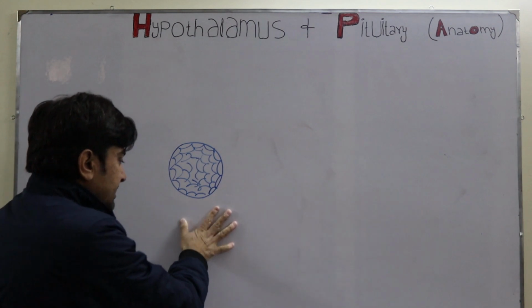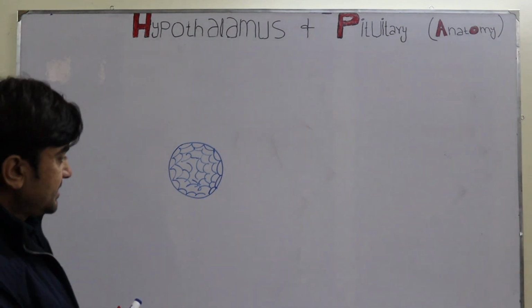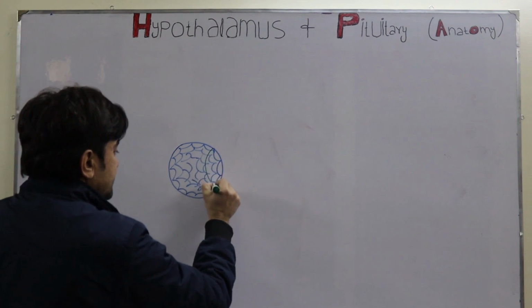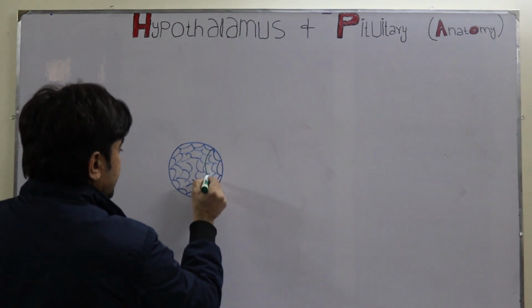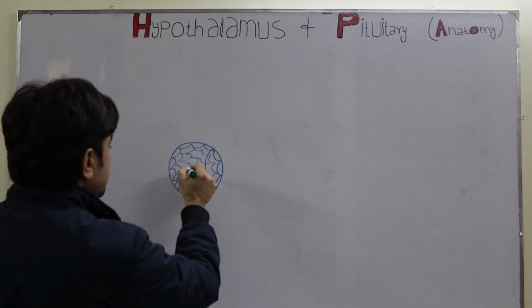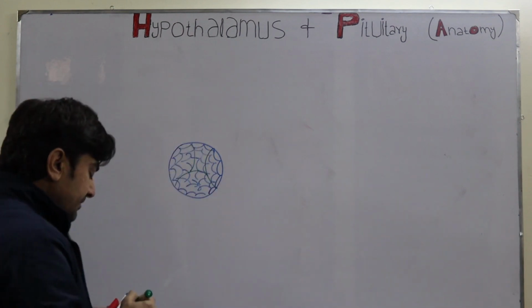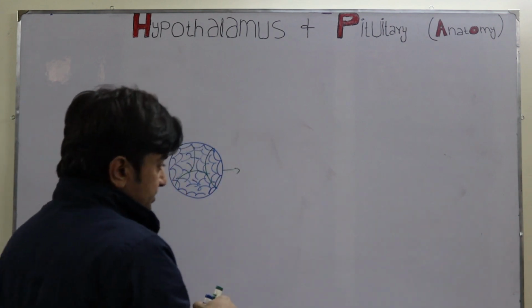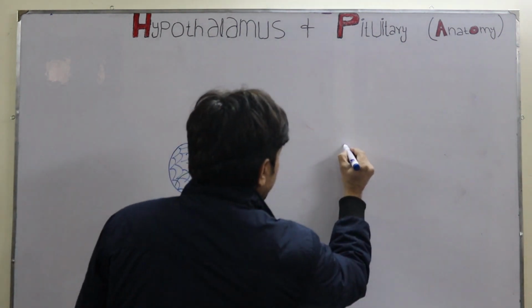Let's suppose these are the early embryonic identical cells, and some of these cells differentiate. Suppose these cells will in future give rise to the nervous tissue, these will give rise to the muscle, and these will give rise to the bones, etc. After differentiation, these cells arrange themselves into small vesicles.